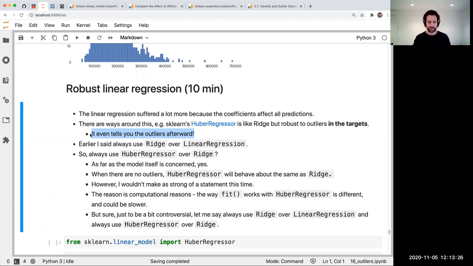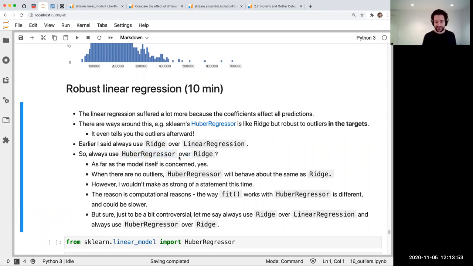And I've been debating with myself, like in this course, I tell you, never use linear regression, always use ridge. And I ask myself, should I tell you to never even use ridge, and also use Huber regressor? I don't want to be too opinionated and non-standard, so I'm not going to go that far, but I think it's fine.